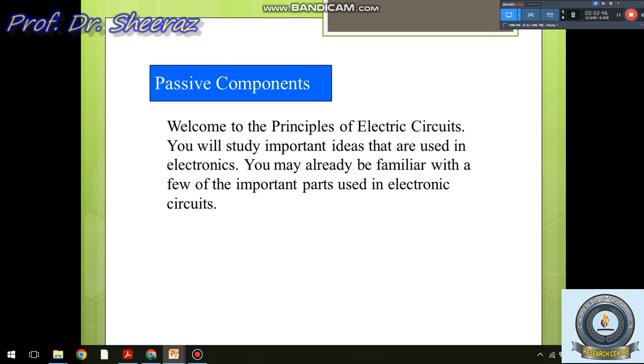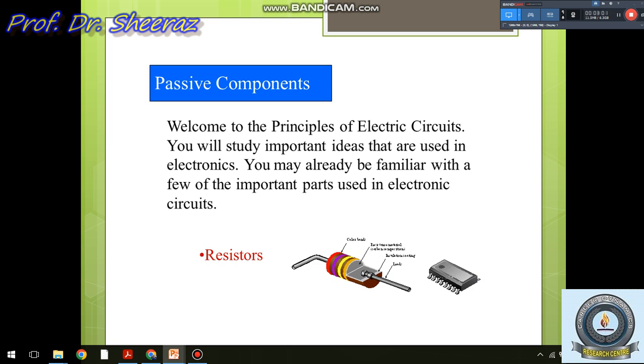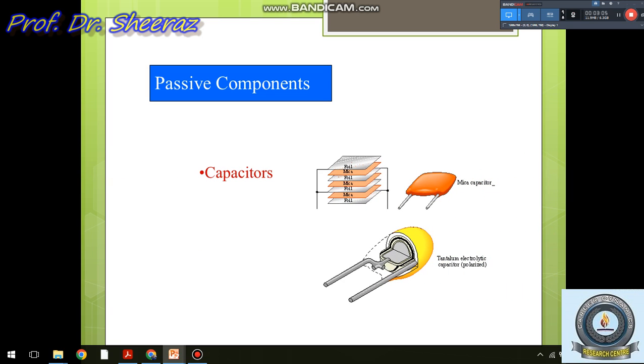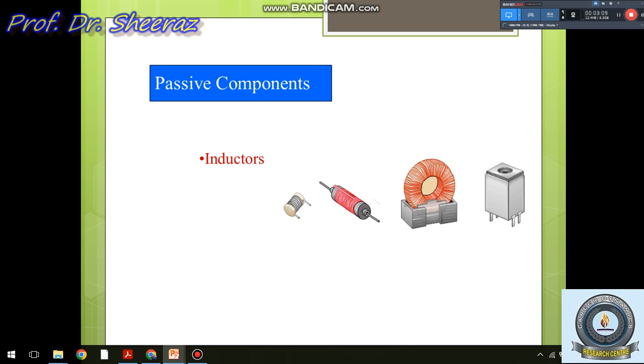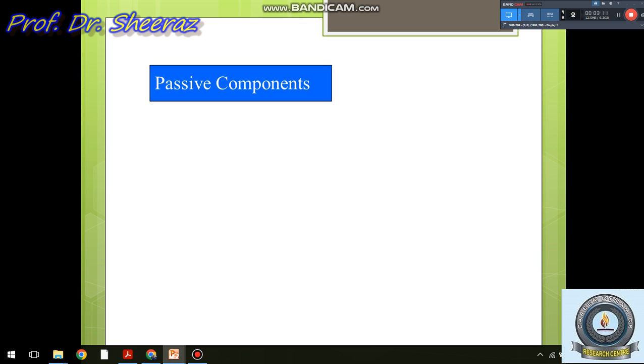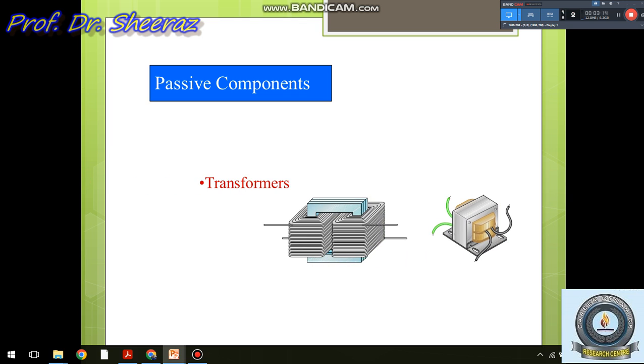Now all the electronic circuitry we divide into two categories: passive components and active components. Most of the passive components we are also aware of, as we normally encounter them in daily life. They can be resistors, capacitors, inductors, transformers.